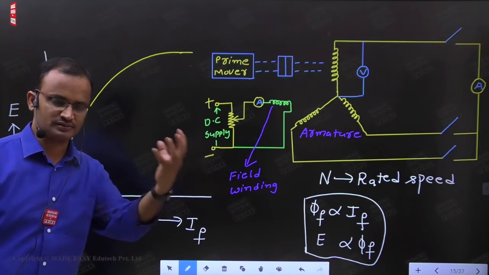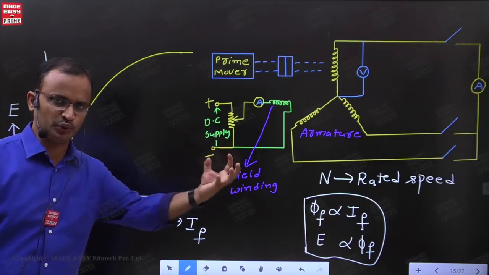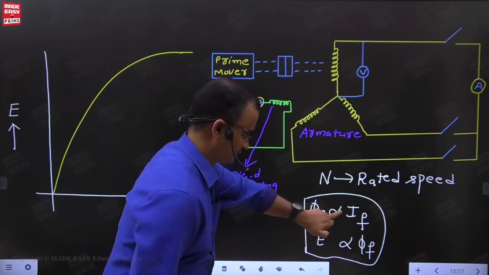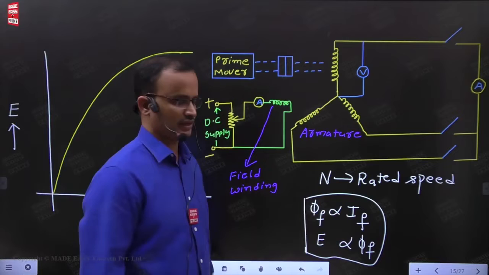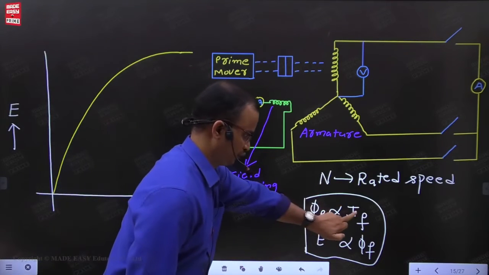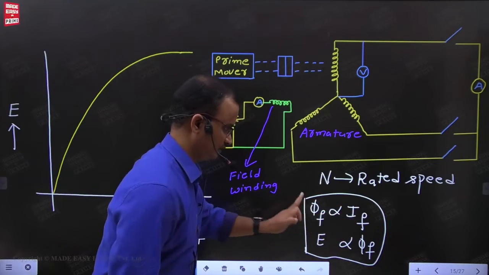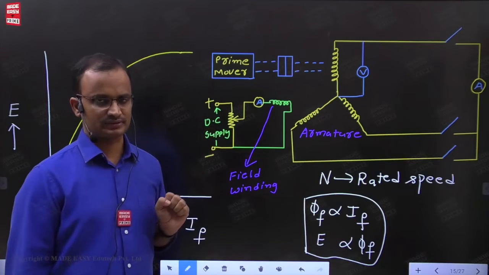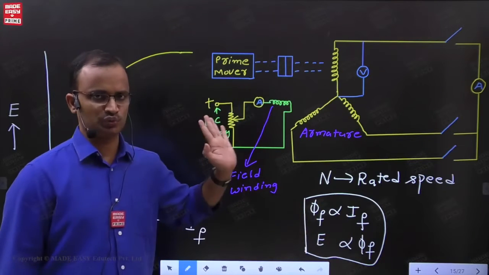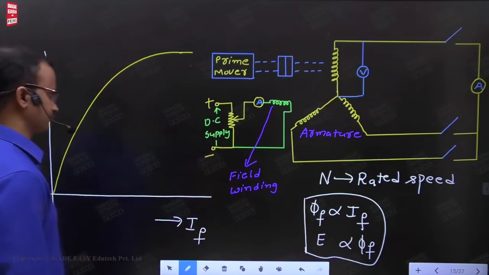This relation is valid until it reaches saturation. Once the magnetic core is saturated, even though you are increasing the field current, the variation in the flux is very less. If the variation of flux is very less, the corresponding induced voltage variation is also less.